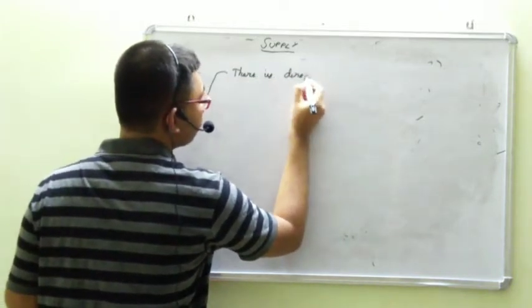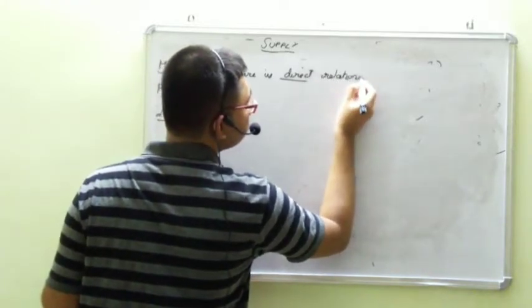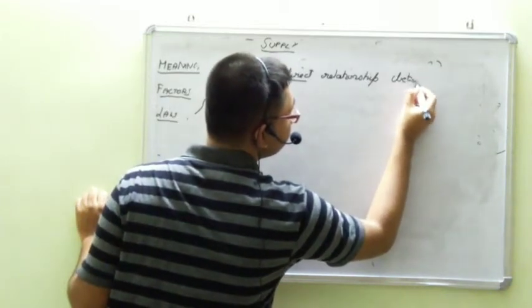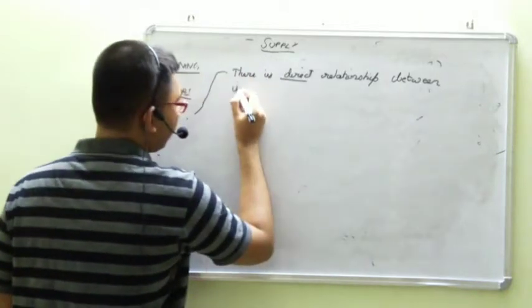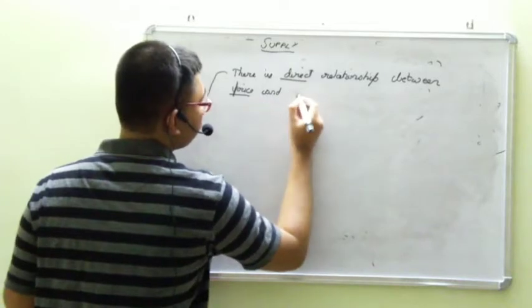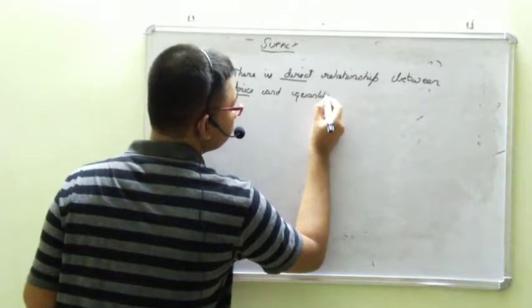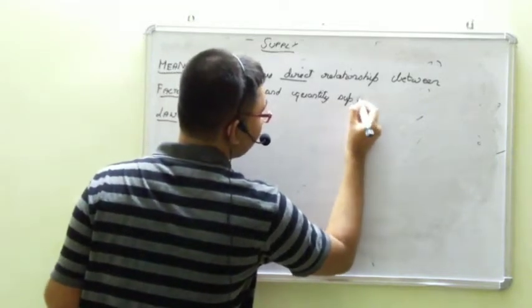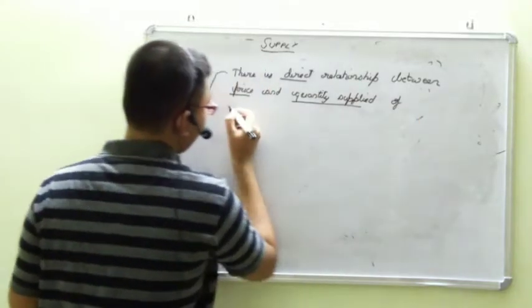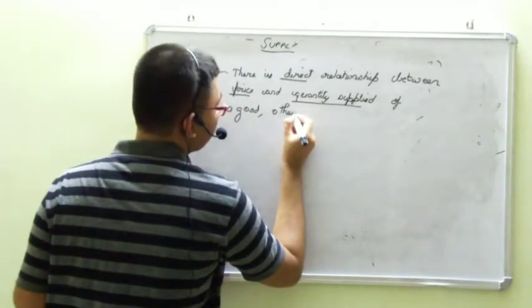a direct relationship between price and quantity supplied of a good, other things remaining constant.